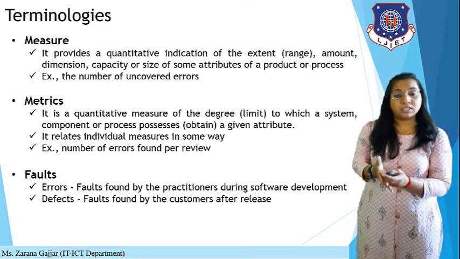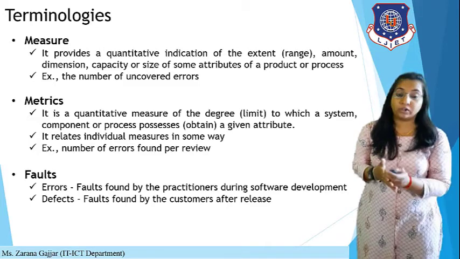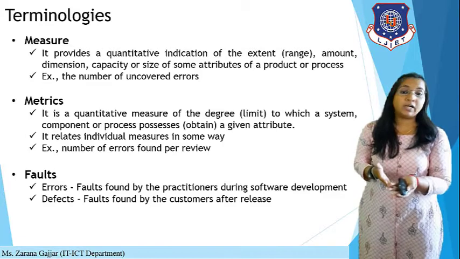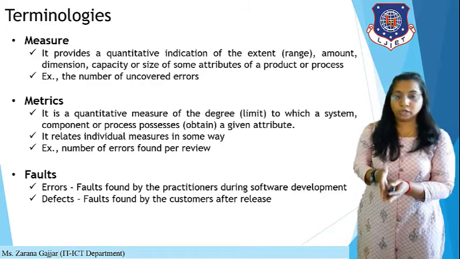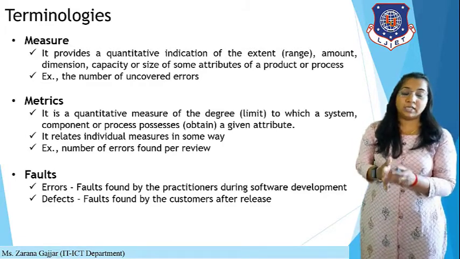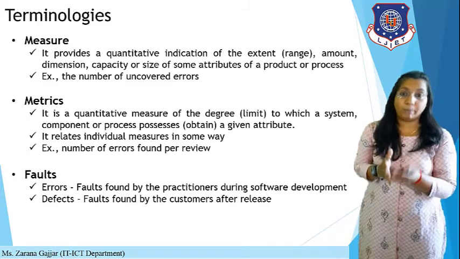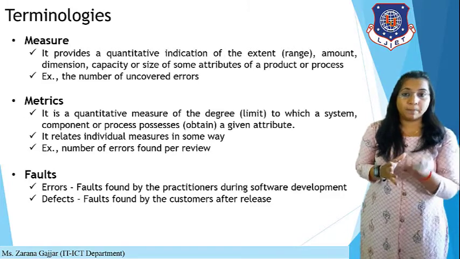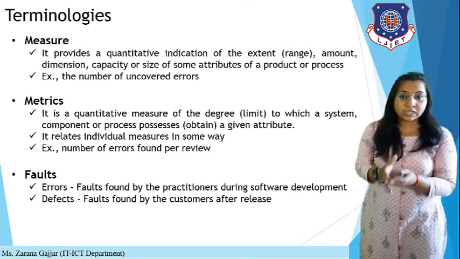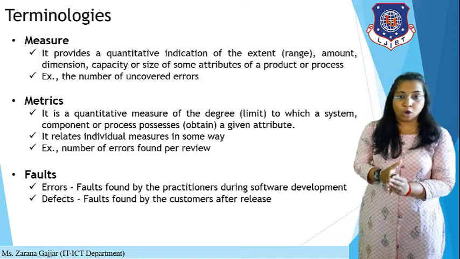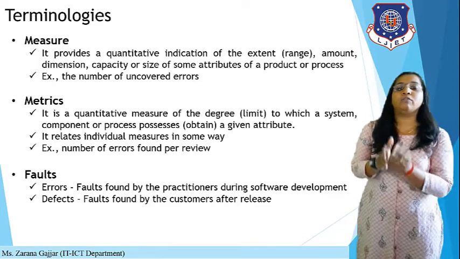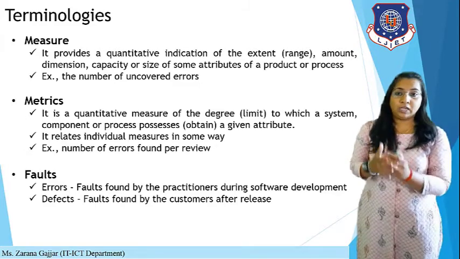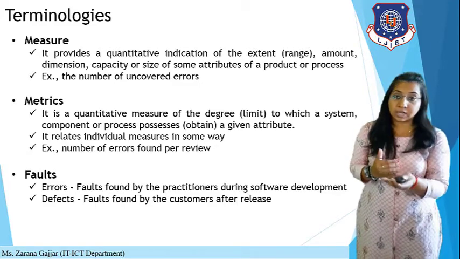Then the next definition is metric. We have discussed software metrics, but what is a metric? That we have not discussed yet. A metric is a quantitative measure of the degree, meaning a limit, to which a system component or process possesses a given attribute. If you have done with your requirement gathering and all your task sets, now in metrics you are measuring something.